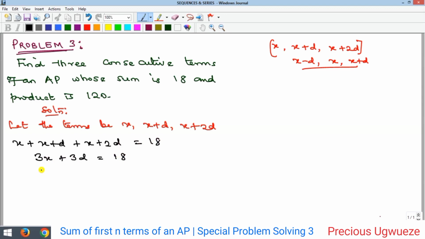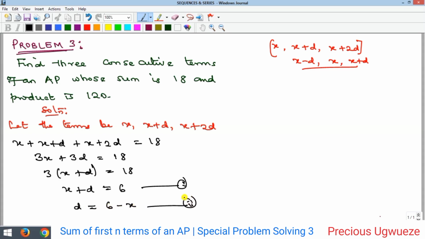And so here we can bring out 3, and if we do, we'll have 3 into x plus d equal to 18. If we divide both sides by 3, we'll have that x plus d is equal to 6, and we can call this equation 1. From equation 1, we can make d the subject of the formula, and that will give us that d is equal to 6 minus x, and we can call this equation 2.